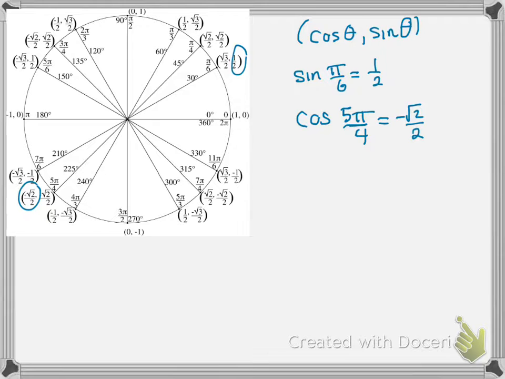If somebody asks you to find the sine of 330 degrees, you would say sine is the y value at 330 degrees, negative 1/2.